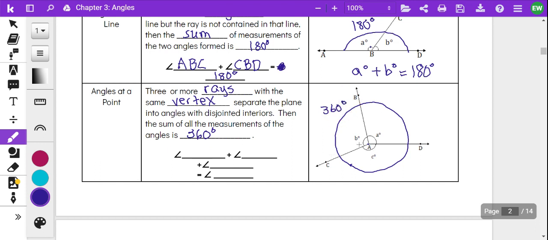Okay? So when we add all of these together, so let's start with angle A, which is BAD. Angle B is BAC. And angle C is CAD.